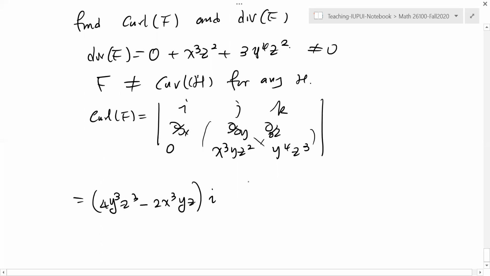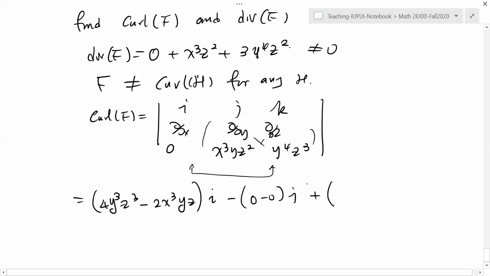And then minus those two, the last column and the first column. So that'll be 0, that's 0, j.